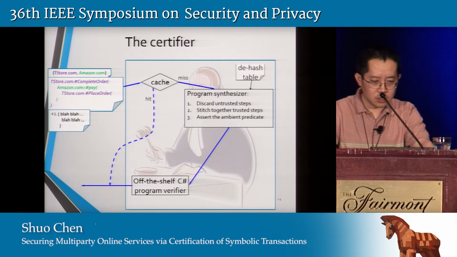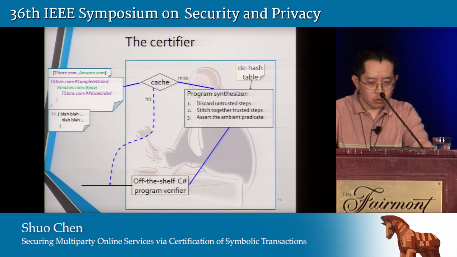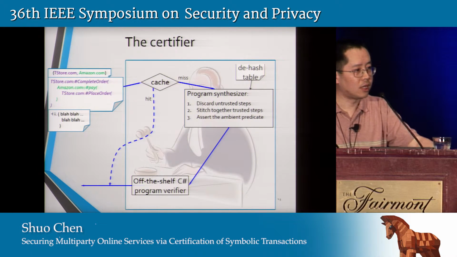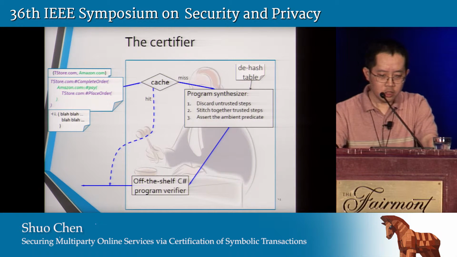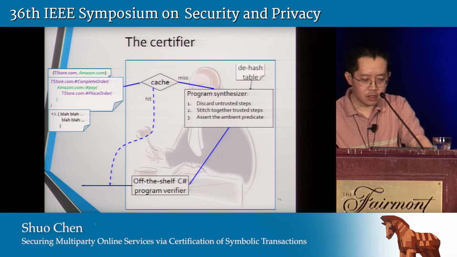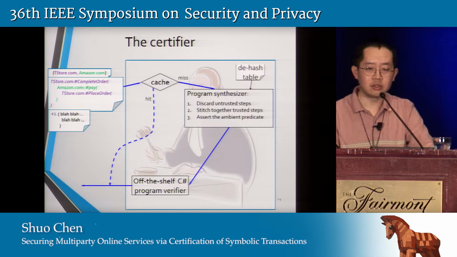The certifier consists of a cache, a program synthesizer, and an off-the-shelf C# program verifier. So here you also see the 3 pieces of input that I showed in the last slide. Initially, the cache is empty, so the input arrives at the program synthesizer, which does 3 things.